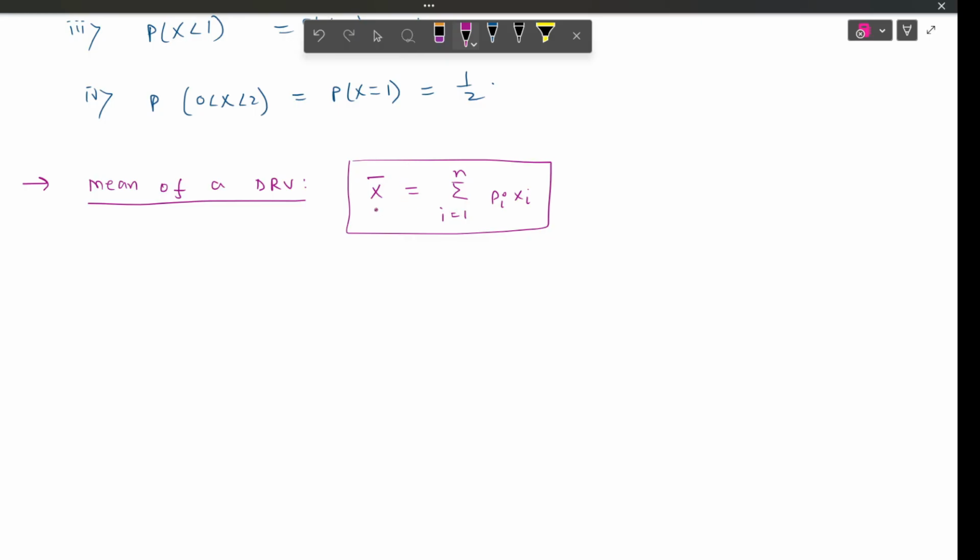Remember this is very important. This mean of random variable x is also known as expectation or expected value. It is denoted by E of x.